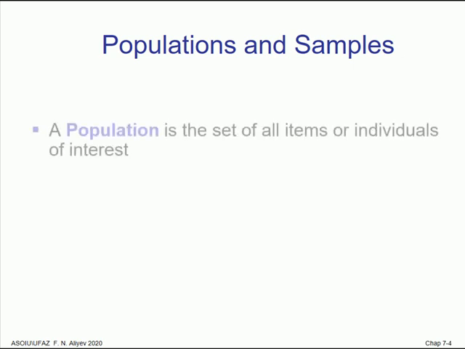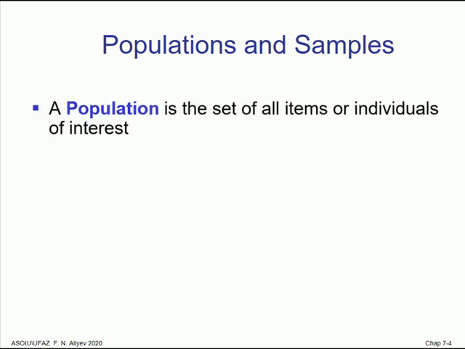Okay, now let's start learning what is population and sample. Definition of population: population is the set of all items or individuals about which you want to draw a conclusion. If your topic is about something, then all items or individuals about this topic you must consider as a population. Like in these examples.